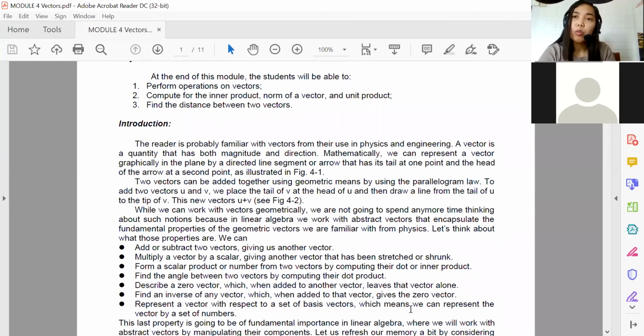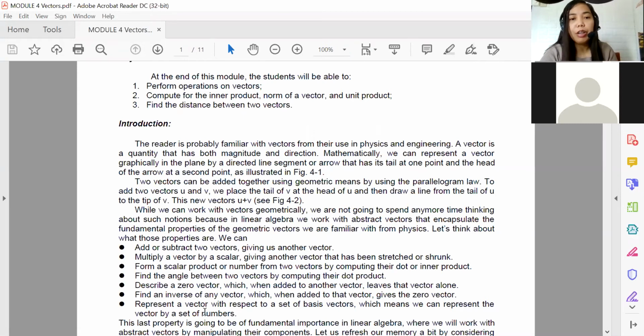So same with matrix. When we add matrix by its inverse, okay, the answer is also zero matrix. So it's just the same with vector. When we add a vector by its opposite vector or by its inverse, the answer is zero.